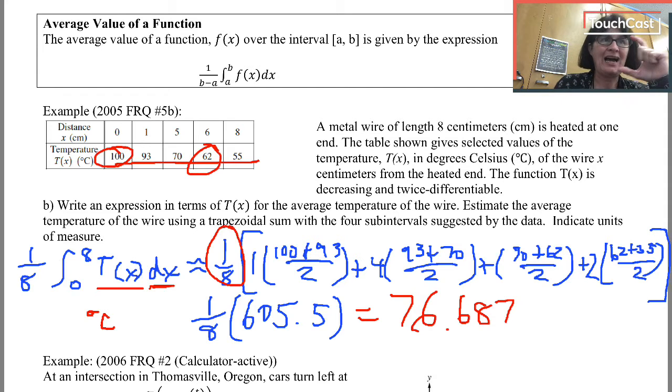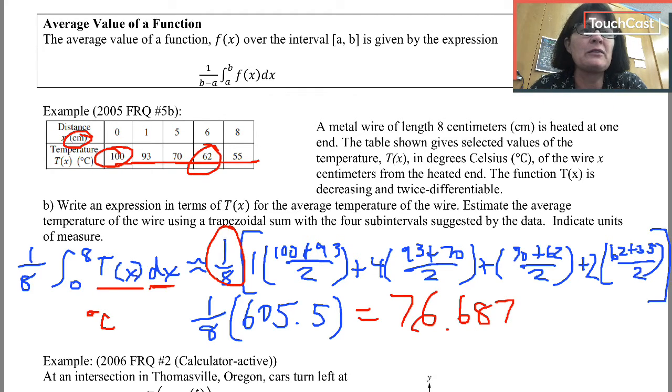Every height of a rectangle or height of a trapezoid is going to get multiplied by the distance across the trapezoid. So in this case, x is measured in centimeters. So that's degrees Celsius times centimeters. And this 1/8, we have to think about the units on that.